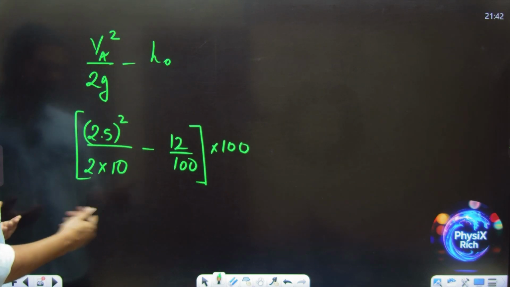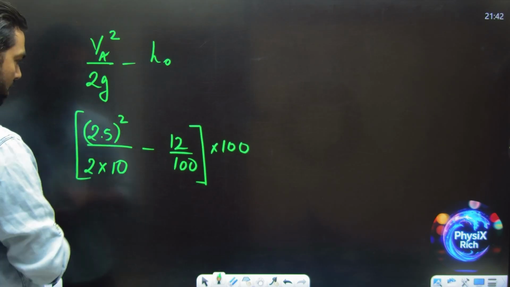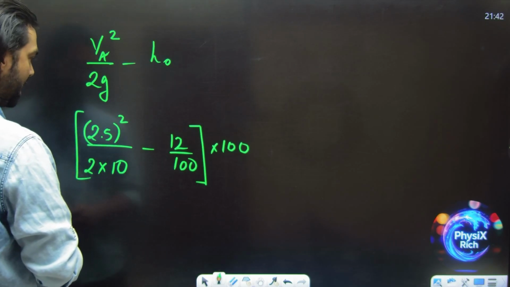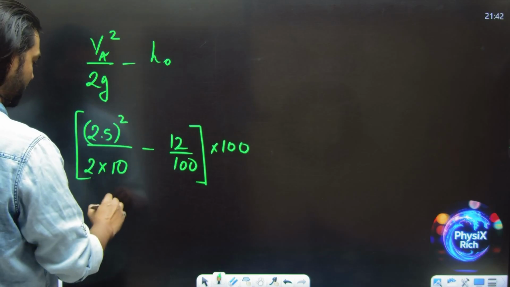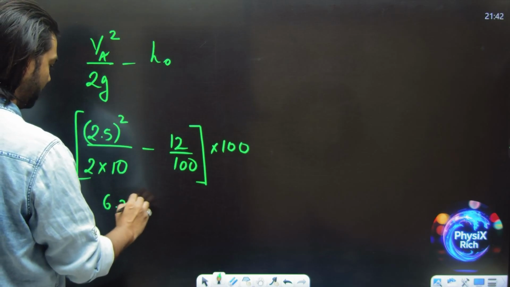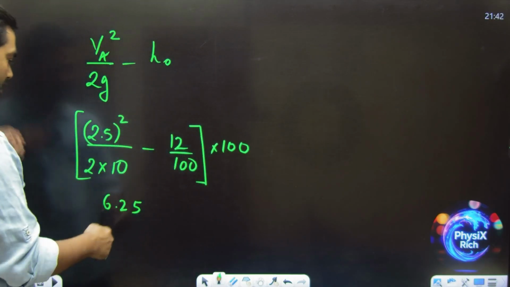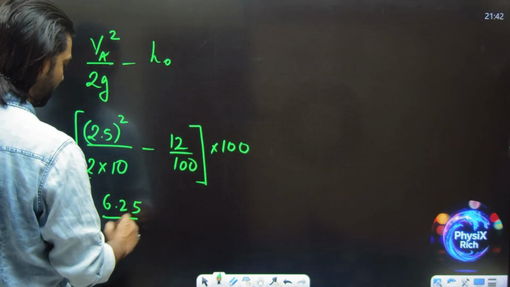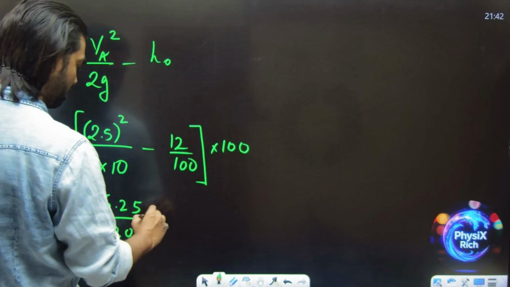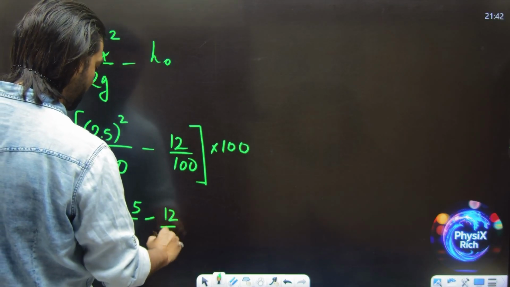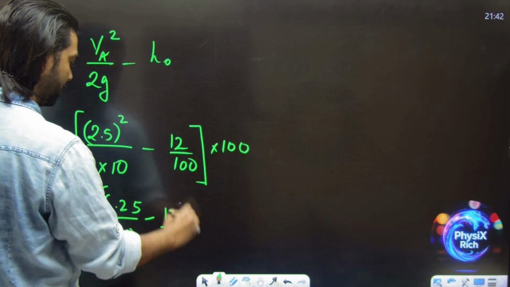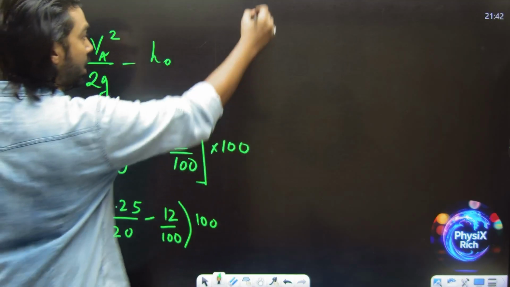So now we are left with a little bit of calculation. So what do we have here, guys? We have 2.5 squared is 6.25. In case you don't know it, 25 squared is 625. So 2.5 squared is 6.25. Divide that with 20 minus 12 upon 100. And the whole thing is supposed to be multiplied with 100.